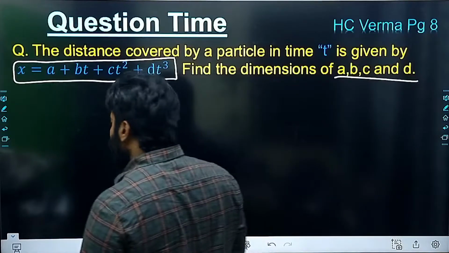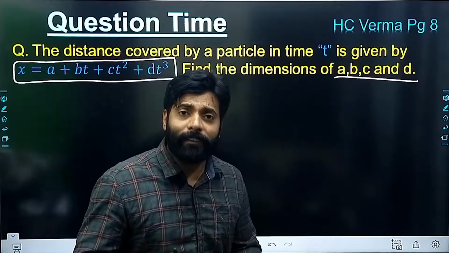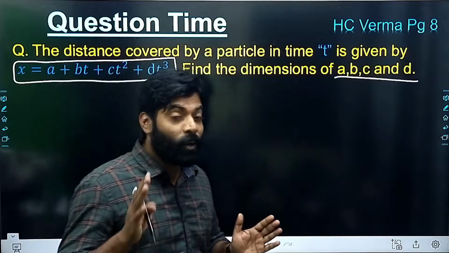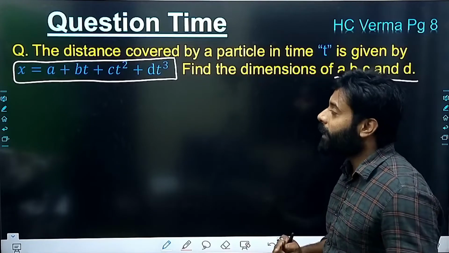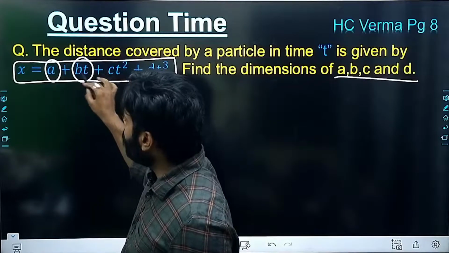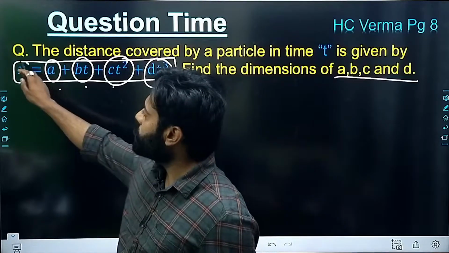As we know, we can only add or subtract quantities having the same dimensions. So how many quantities are here? First, after that we are adding, right? So there are 1, 2, 3, 4, and this is 5.